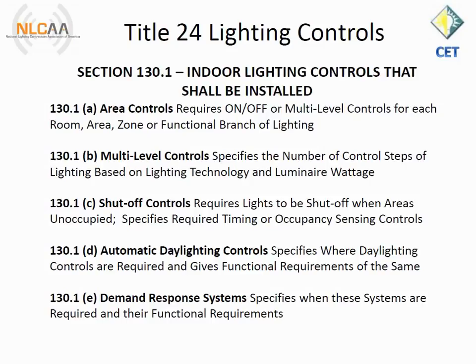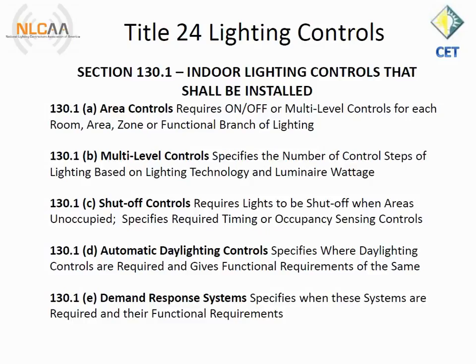This, by the way, is coming from the compliance manual, which is the 4th of your 4 books that you require to design controls for Title 24 Part 6 compliance. Number 3, that's 130.1(c), are shutoff controls, automatically shutting off or reducing light output of lighting when it is not needed.